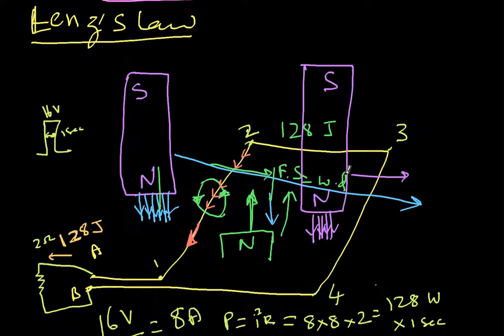Okay. So at this time, because the flux linkages are already there here, and then this is going outward, the conductor will have to induce EMF in such a direction that it opposes the north pole going out.